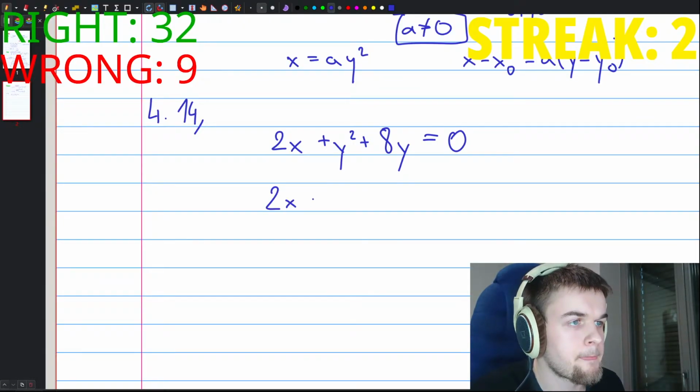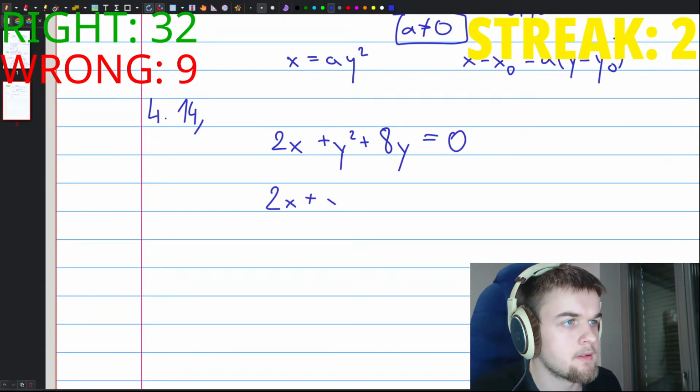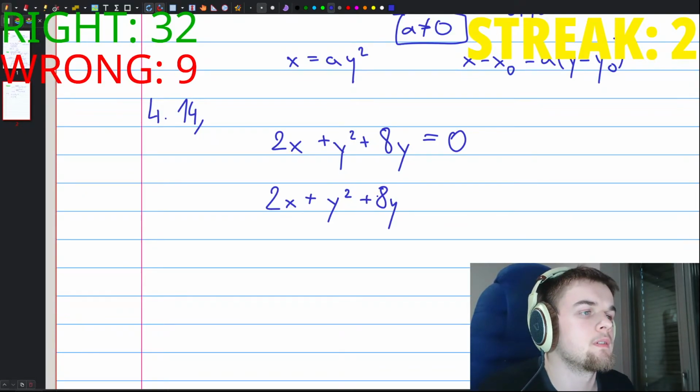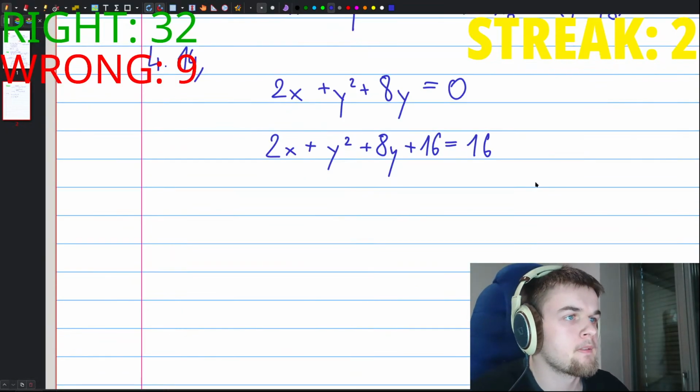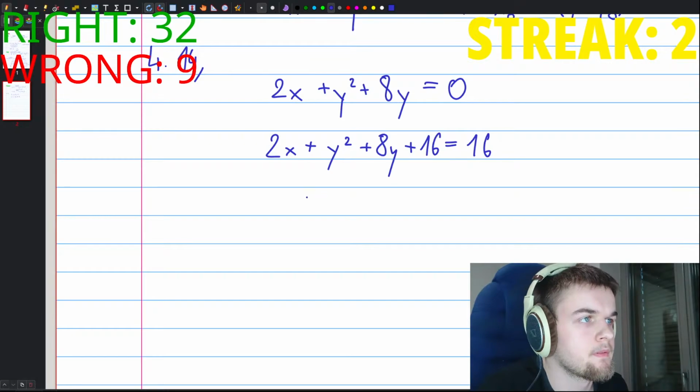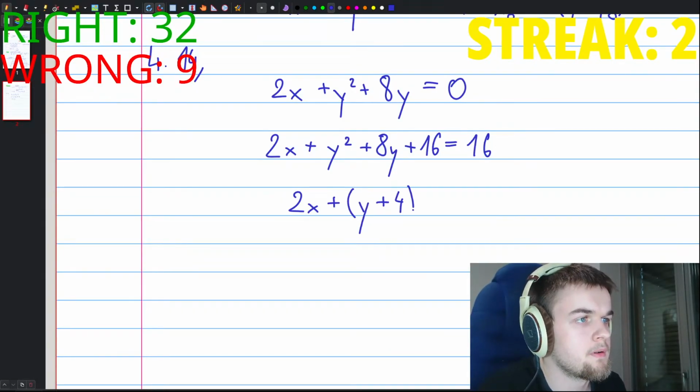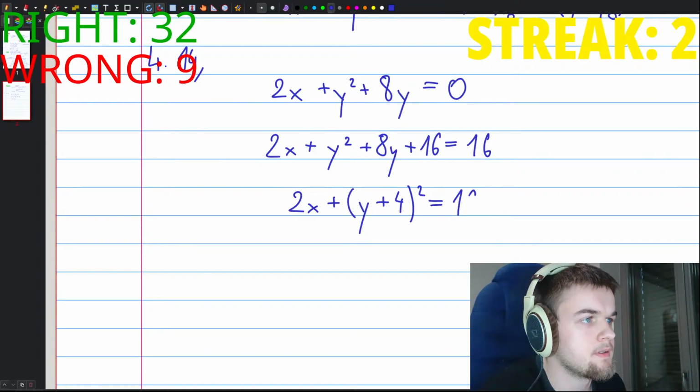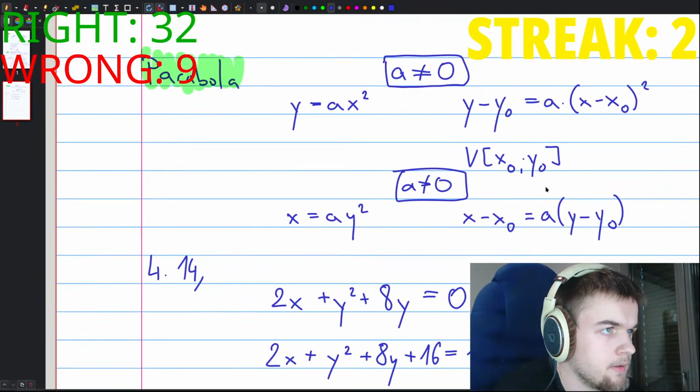So we get 2x plus y squared plus 8y, where this has to be 4, so we get 4 squared is 16, and we get 2x plus y plus 4 squared is equal to 16.